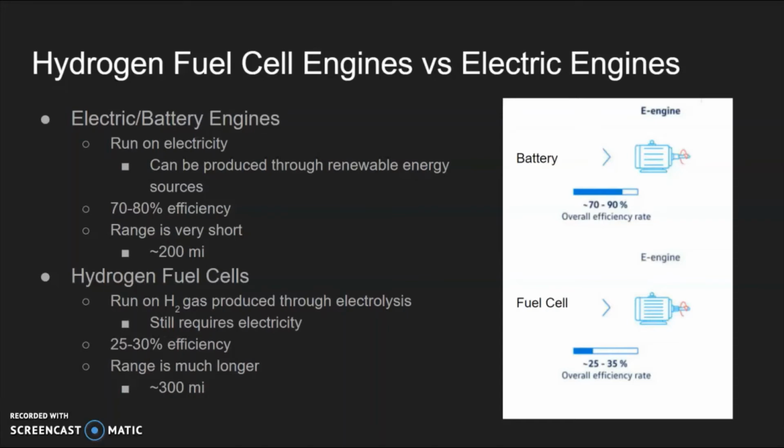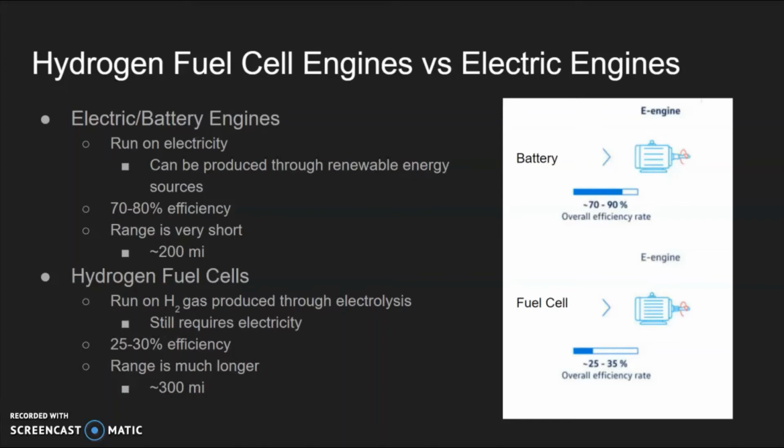Furthermore, the efficiency of a fuel cell is much worse than a battery at 25 to 35% on average. But the range of cars powered by a fuel cell is longer than a car powered on battery. It's around 300 miles. While a fuel cell isn't as efficient as a battery, electrolysis does not use as much electricity.